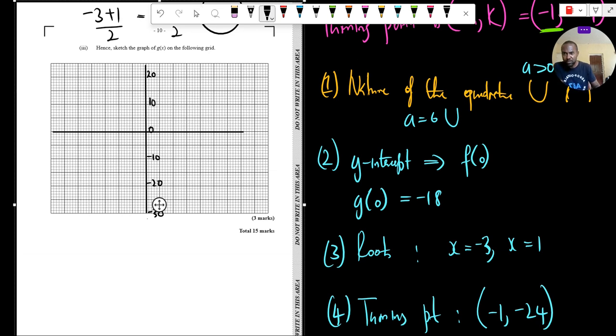I need -1, -2, -3, -4, -5, and then 1, 2, 3, 4, 5. My y-intercept is going to be -18. This is -10, this will be -15, and 16, 17, 18 will be right here. That's my y-intercept.